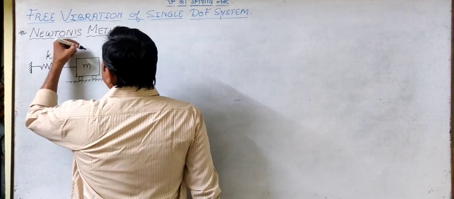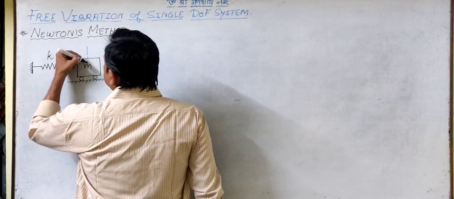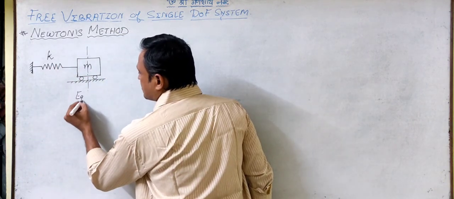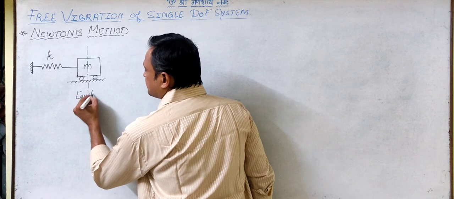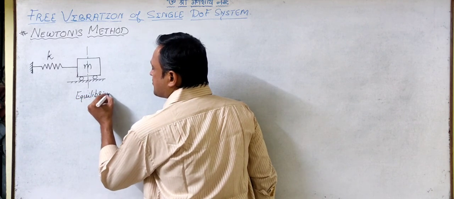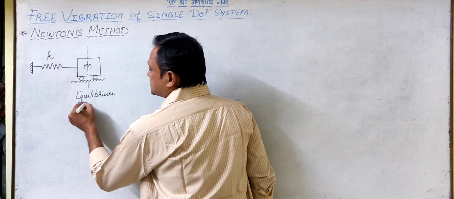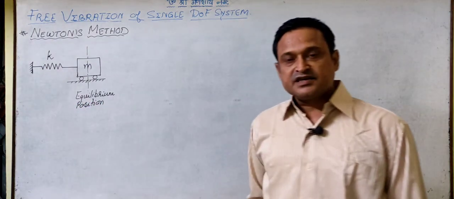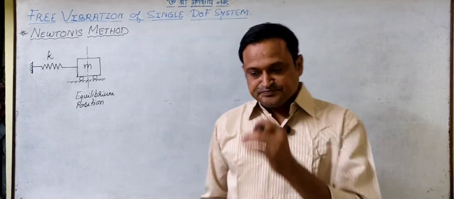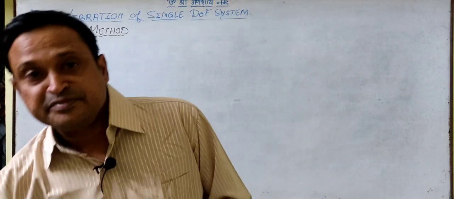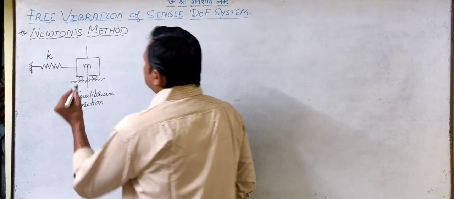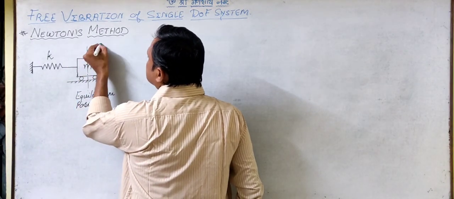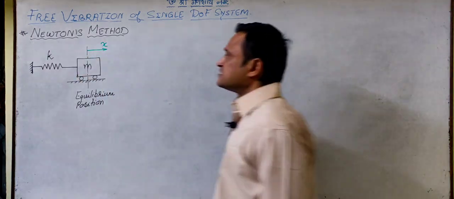Say this is the mean position, the equilibrium position. Now in case of vibration, the displacement will always be measured from the equilibrium position. So say at this instant this body is displaced in this direction x.